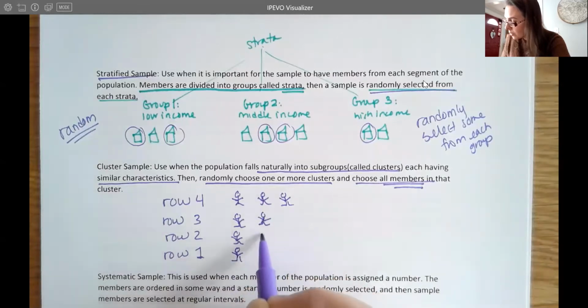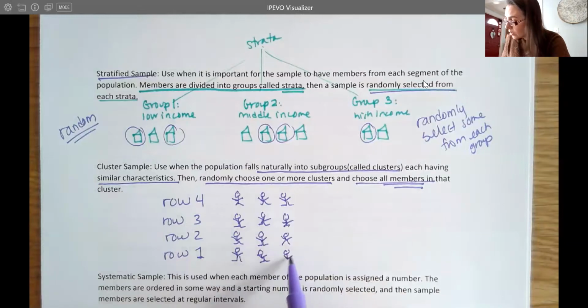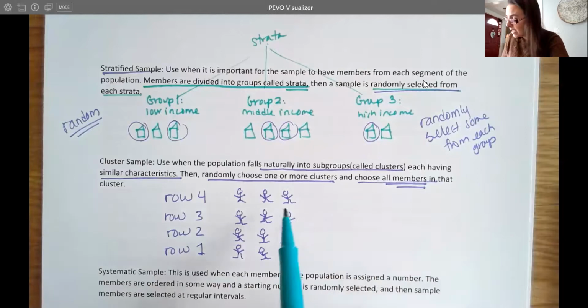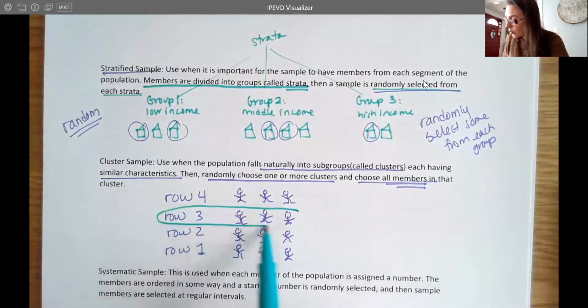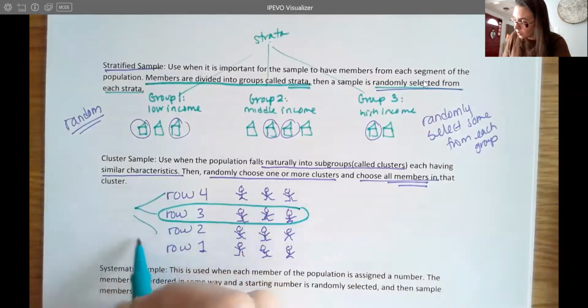Theoretically, they should be the same, but they're not always exactly the same. So what we do is we randomly select one row, or I could do more than one. I just don't select all of them, but I would do it randomly. And then I take the entire group. So these here are called your clusters.